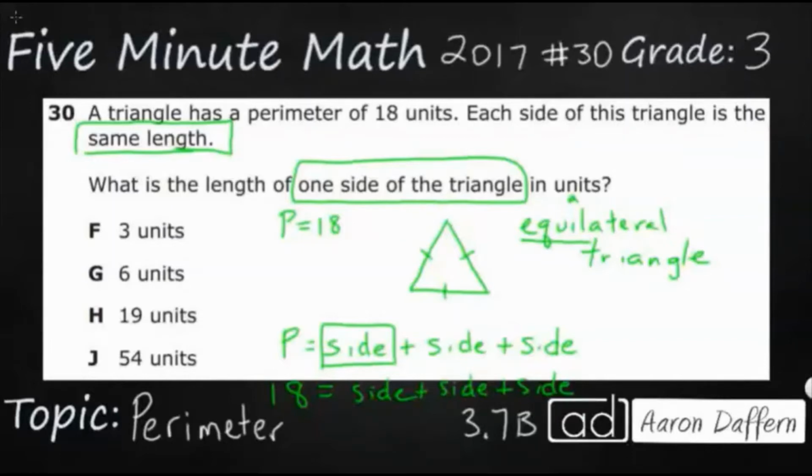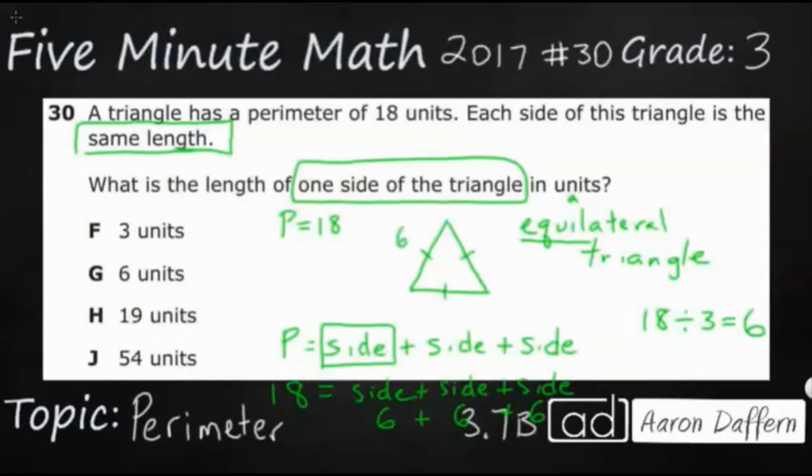So if I were to take my 18 and divide it into 3 equal parts, let's see if that would give us an answer that would work. 18 divided by 3, well, that's a fact. And that's going to be 6. So what would happen if I were to do 6 and 6 and then 6 for the sides? Would 6 plus 6 plus 6 make 18? 6 and 6 is 12, plus 6 is 18, so it actually looks like this would work.